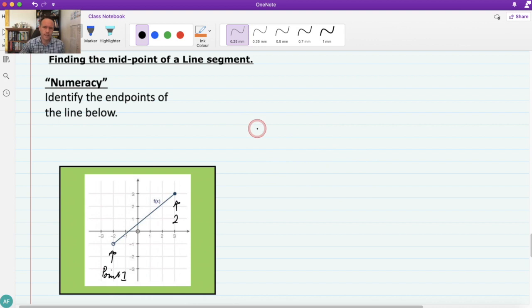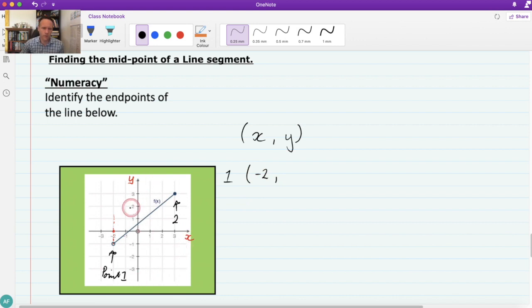Any coordinate ordered pair always takes the form of the x value and then the y value. So for point 1, the x is our horizontal and the y is our vertical. If we take that directly up, we can see that it crosses our x-axis at -2. So for point 1, we have an x value of -2.